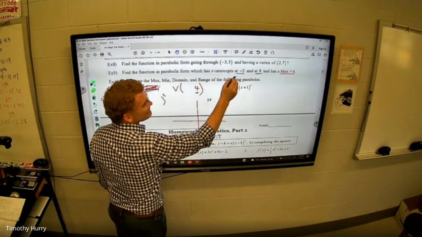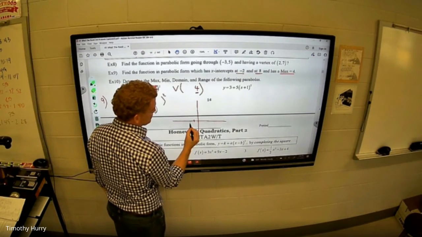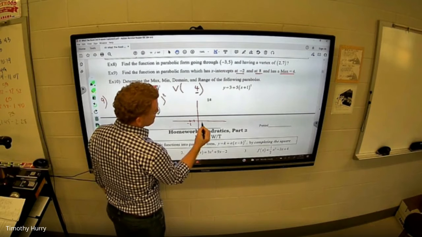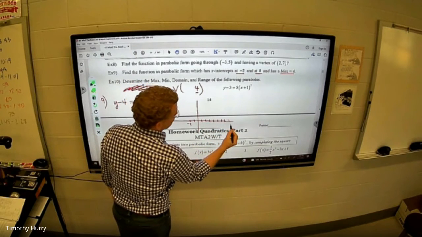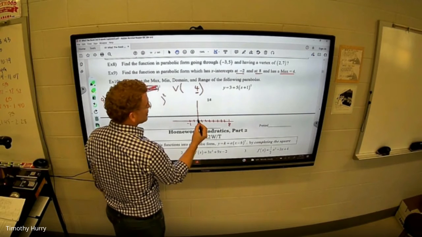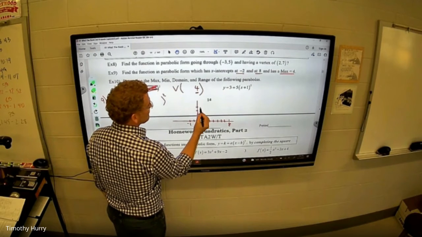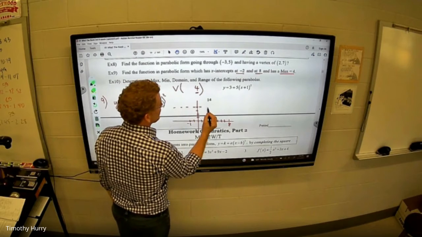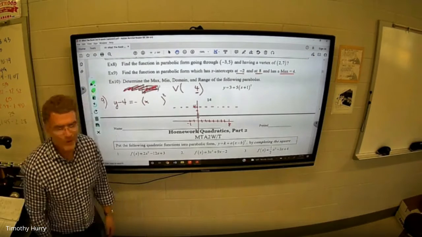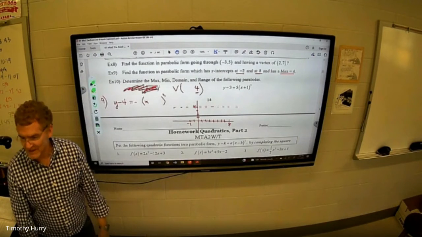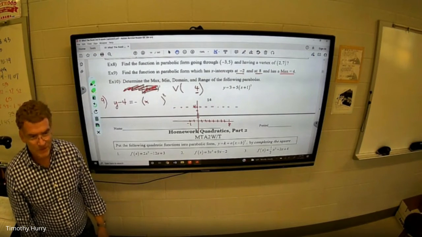If I have x-intercepts at -2, and I also have one at +8, and I know that my max is up here somewhere at 4, right? What do I know about that vertex? Or the vertex's x value?